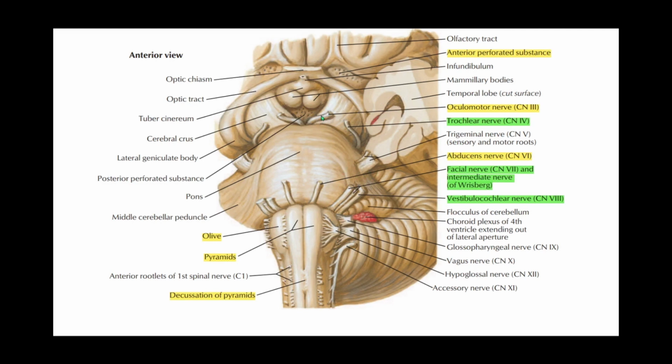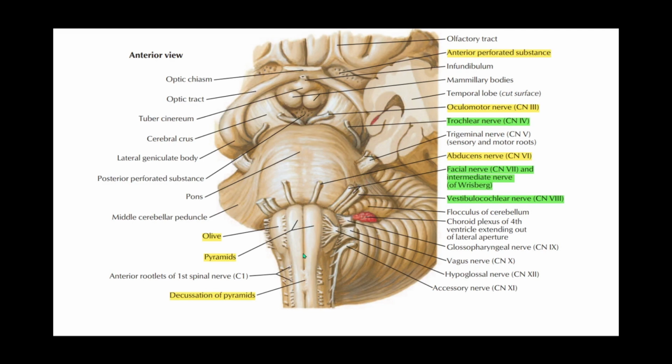The oculomotor and trochlear nerves emerge from the midbrain-pontine junction.